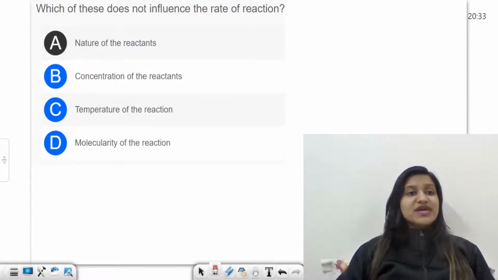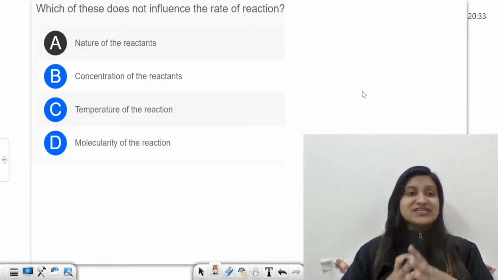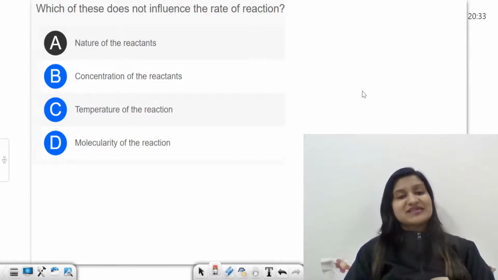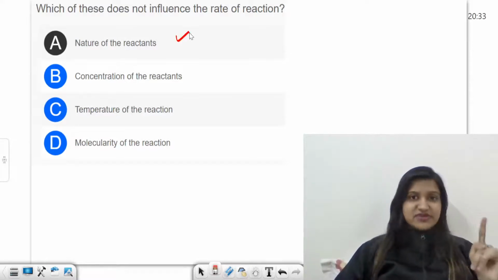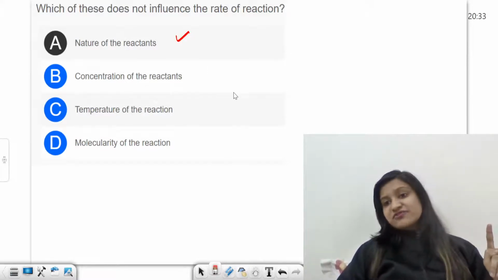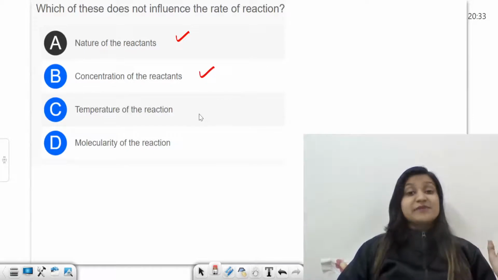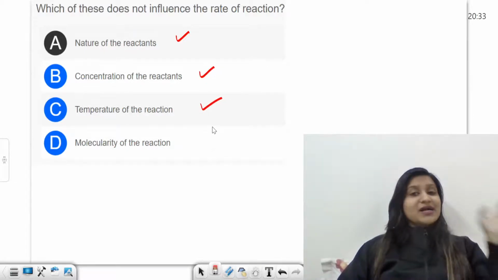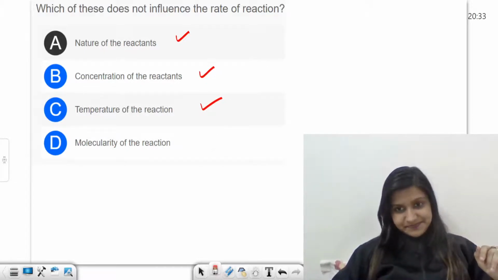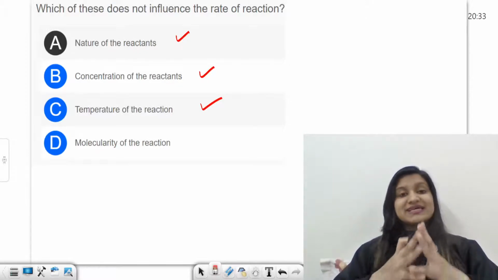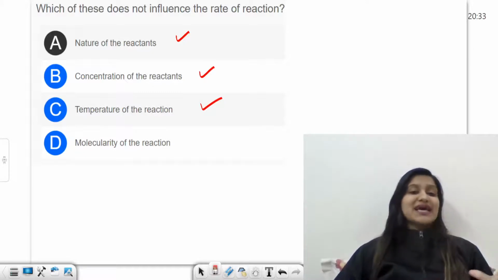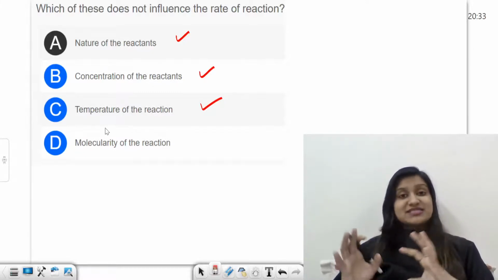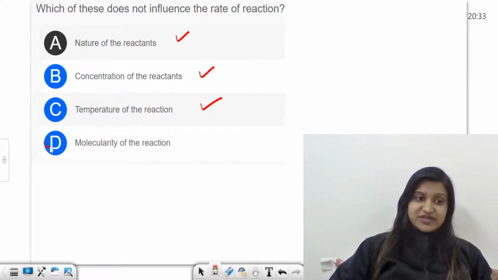Right. So we have been told which of these does not influence the rate of reaction. So nature of reactants, it does. We saw concentration of reactants, yes. Temperature, yes. But molecularity, we will study in this lecture only what is molecularity, and it does not affect the rate of reaction.